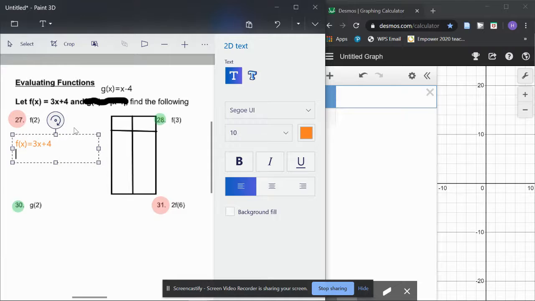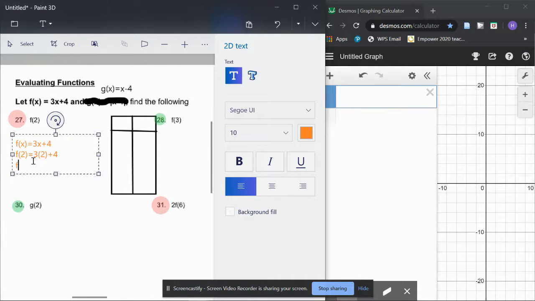Now we want to find f of 2, which is what the problem gave us. This means that wherever I see an x in this equation, since I have a 2 here, I'm going to put a 2 there. So I'm going to say equals 3 times 2, showing multiplication with these parentheses, and then we're adding 4. So we've substituted in 2 wherever we see an x, because that's what the problem is asking us to find.